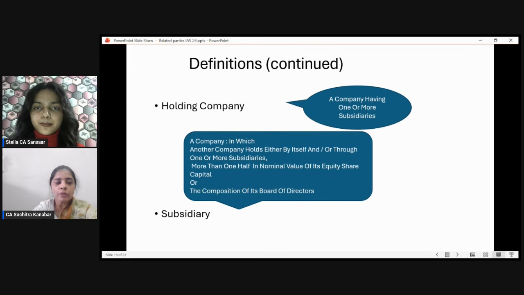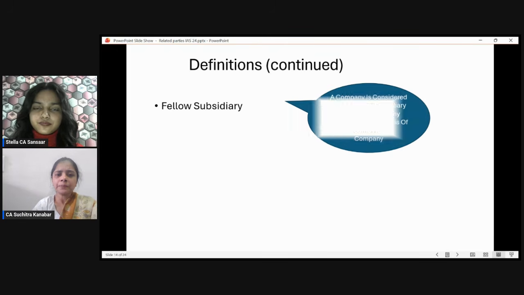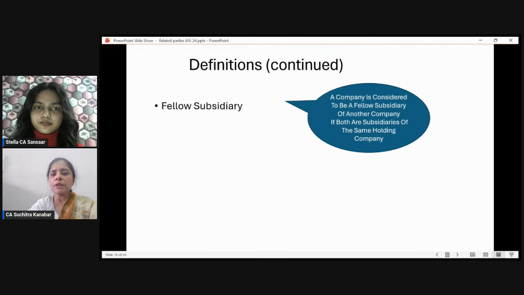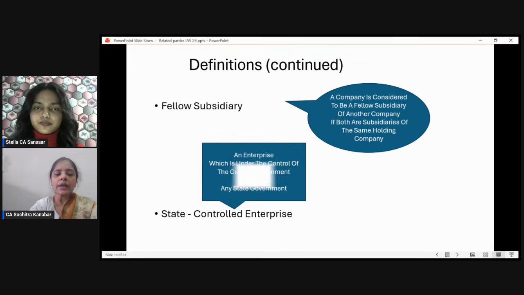You have to see how much percentage of investment the company is making in the other company to find out the relationship of holding and subsidiary. Fellow subsidiary: a company is considered to be a fellow subsidiary of another company if both are subsidiaries of the same holding company. State controlled enterprises include central and state government.